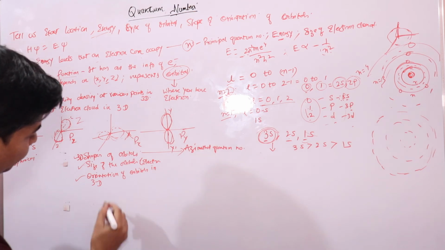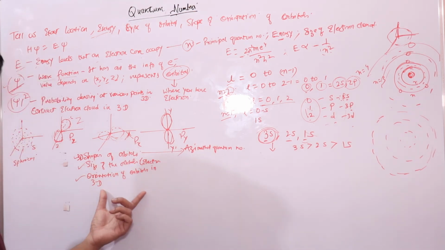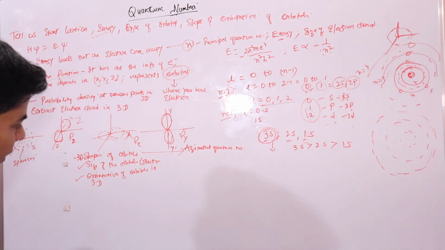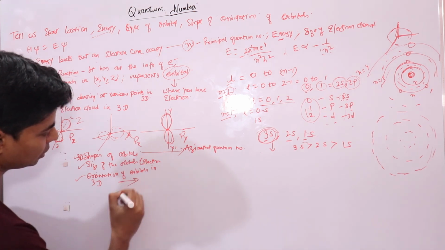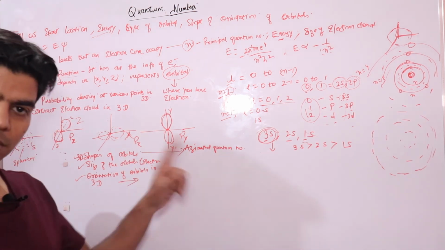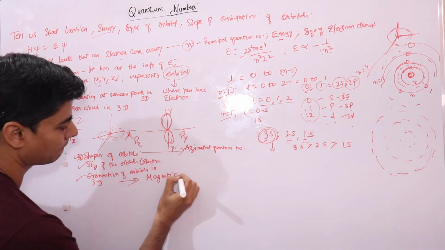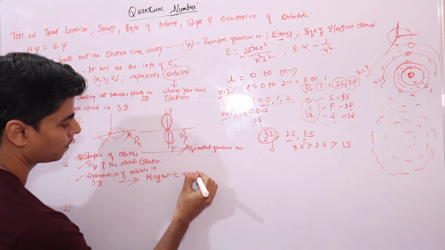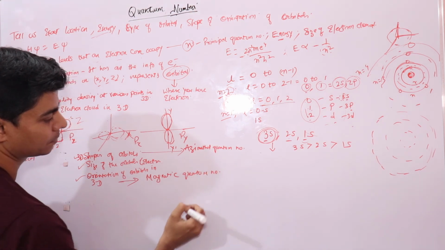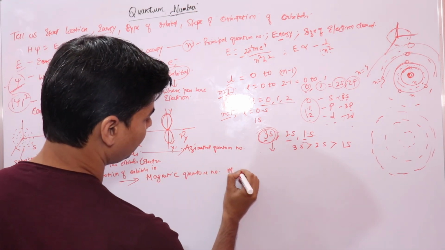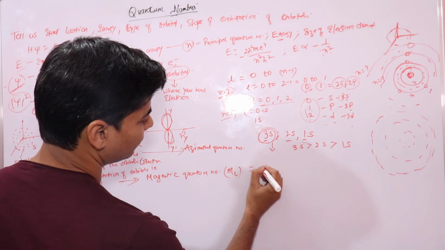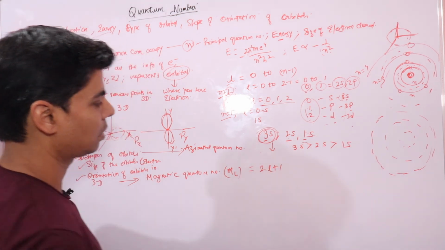So this orientation of orbitals in three-dimensional space is given by the third quantum number, which is the magnetic quantum number. This is represented by ml, and its value is given by 2l plus 1.